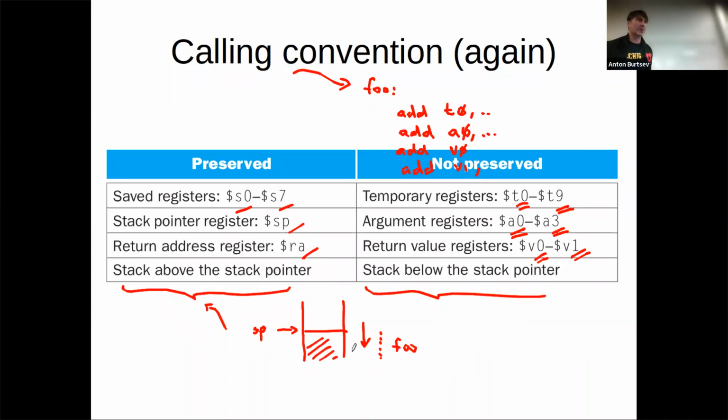However, if you pass a pointer inside foo which points somewhere on this stack, you're fine to modify it. That's okay. But technically, you typically just operate on this area of the stack. This is yours, and you shouldn't touch the part which belongs to your caller.